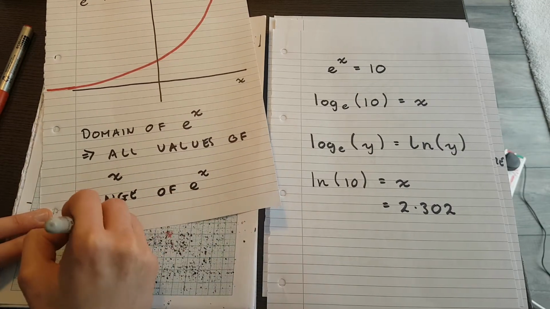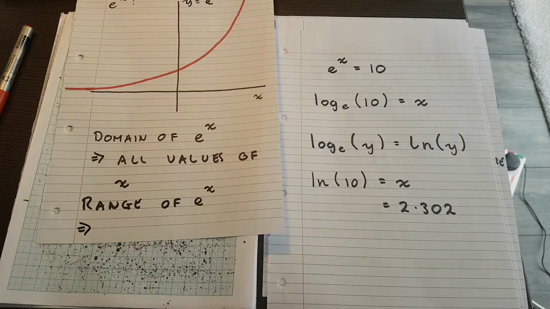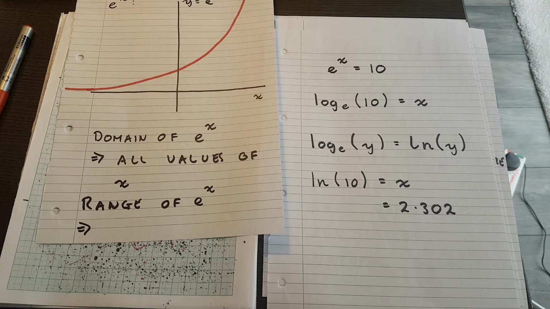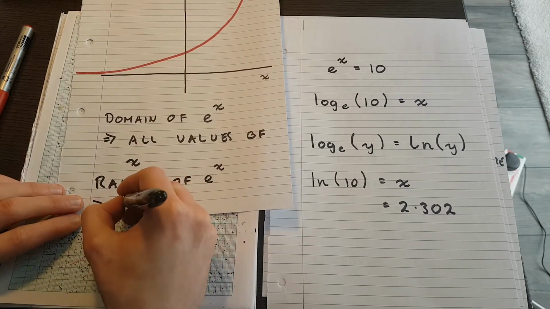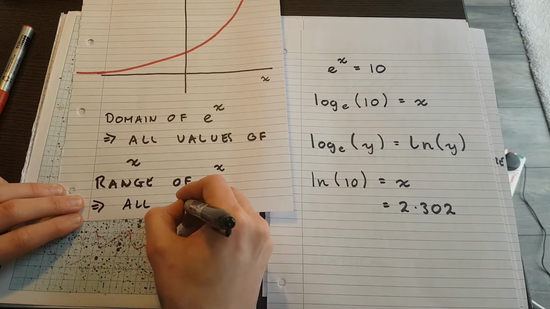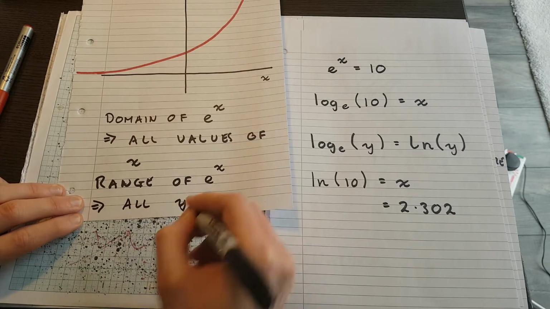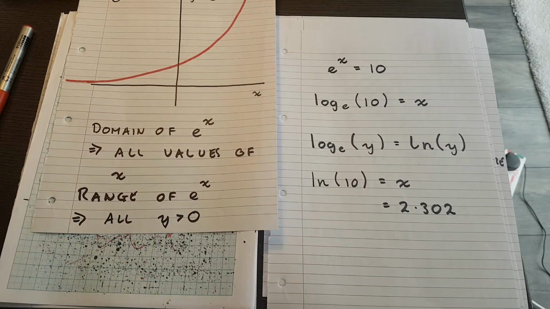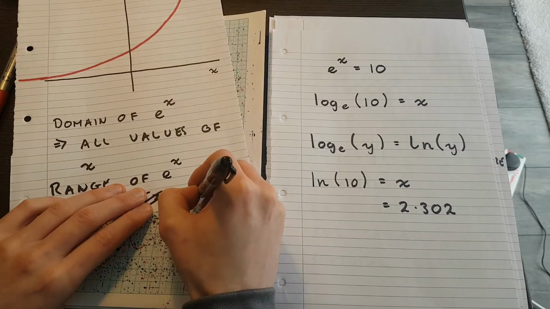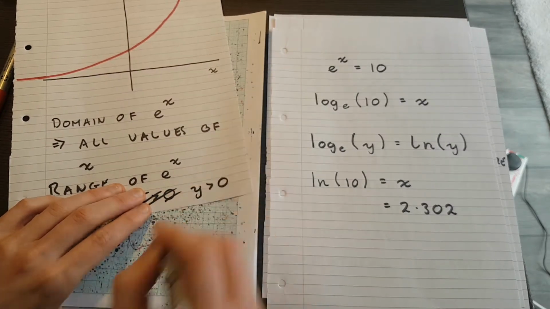Remember, the range is the possible outputs. And I only ever get positive values of y, which means all values y which are greater than 0.